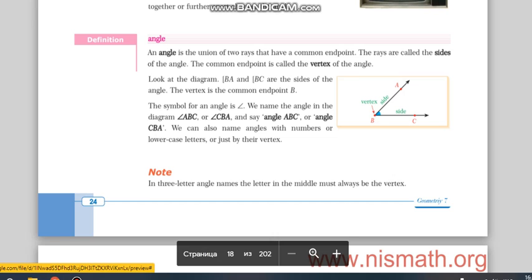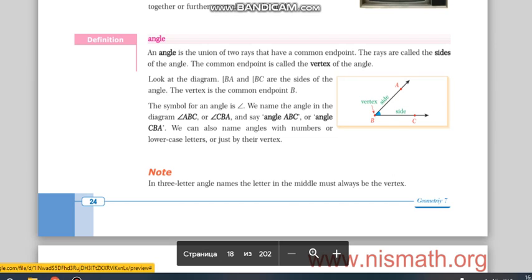So friends, let's repeat all that we said today. Look at the picture, look at the diagram. Here, BA and BC are the sides of the angle, and the endpoint, the vertex, is the common endpoint B. So B is the vertex.